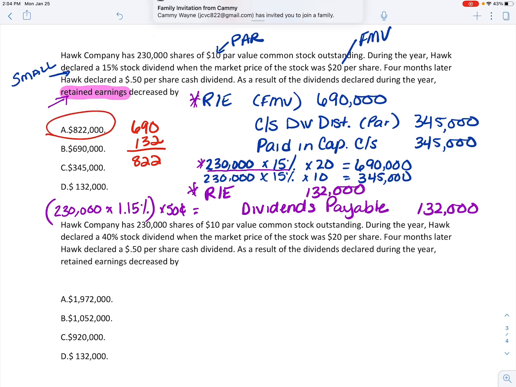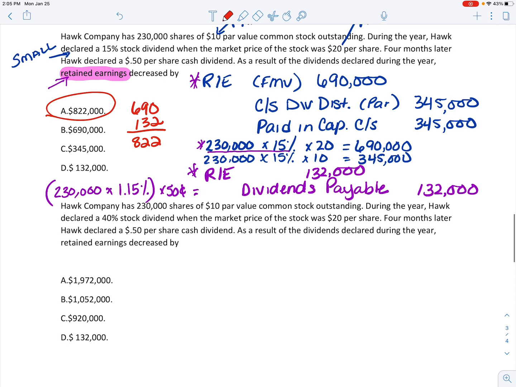So you can see all of these other numbers are plausible. That's because we want to make sure you understand which numbers you're taking. And do you know that they both, whether it's a cash dividend or a stock dividend, impact retained earnings? Now remember, if one of these was a stock split, it would not impact retained earnings.